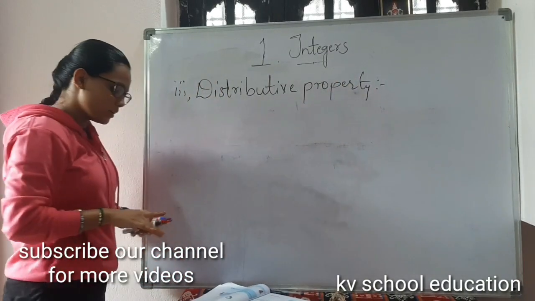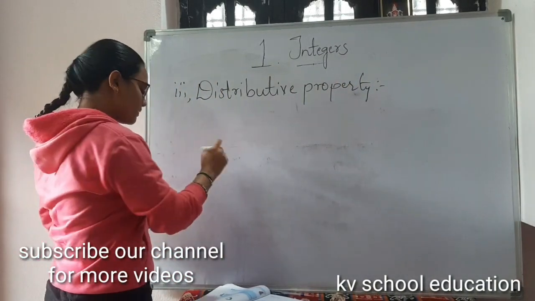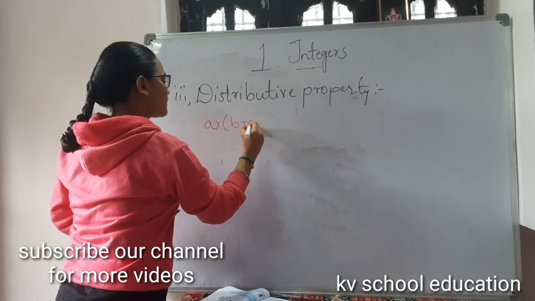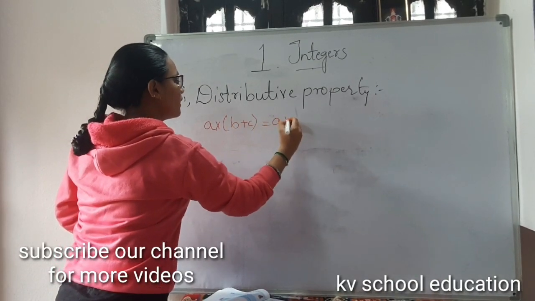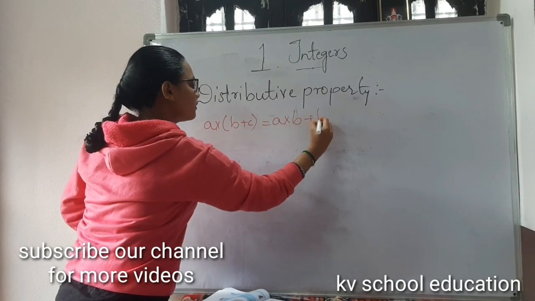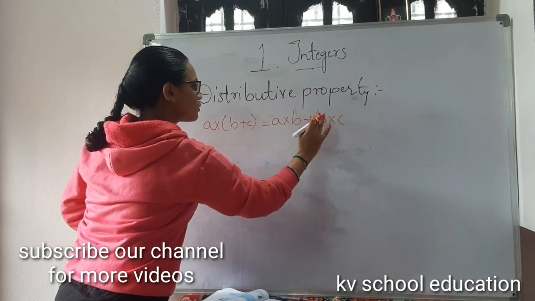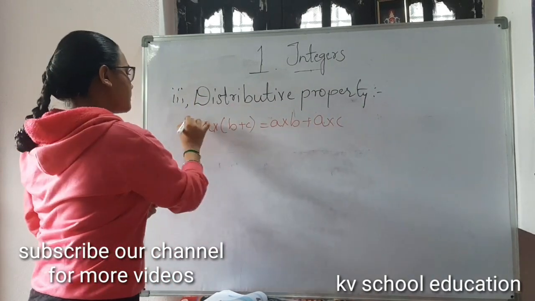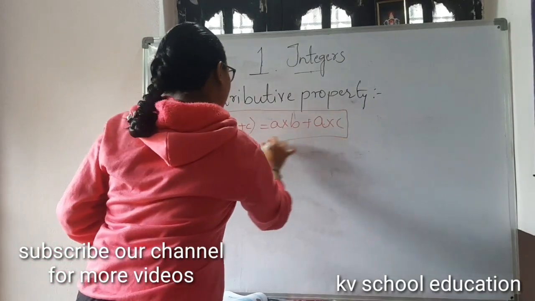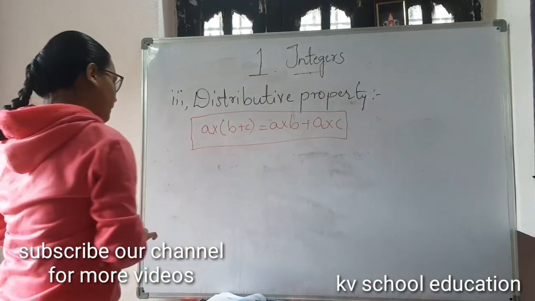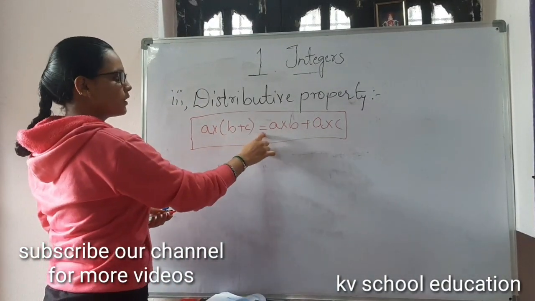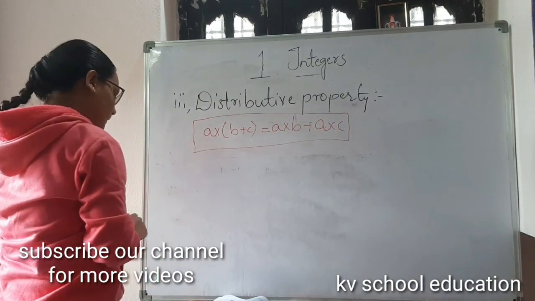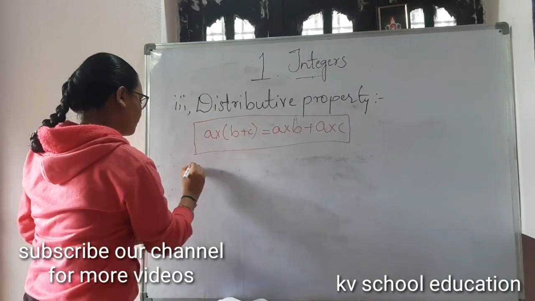So first we need to learn the formula. What is that? A into B plus C is equal to A into B plus A into C. This is the formula. So now we will take an example and we will see.